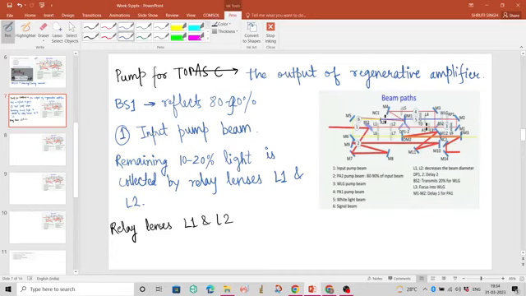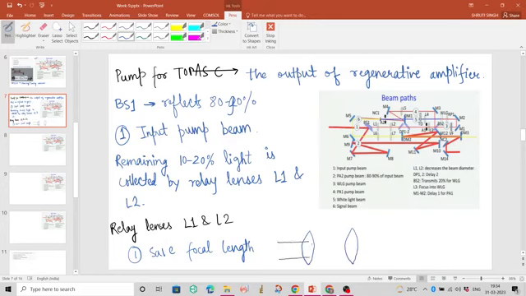Here the work of the relay lens is like this: if two lenses have the same focal length, suppose this is one lens and this is the other, and a parallel beam comes.